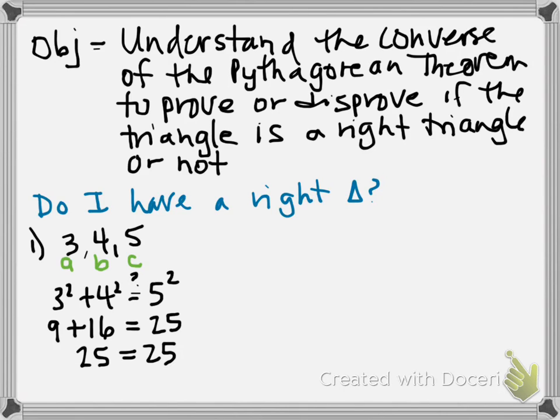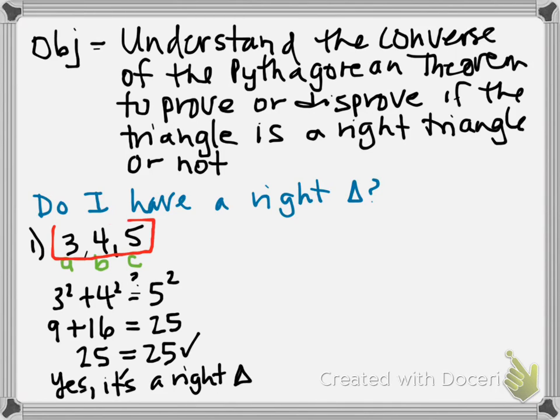And the question is, does 25 equal 25? So what you say is yes. It's a right triangle. Okay? Now I'm going to box up that particular combination, and we'll talk about that in just a minute. Okay?